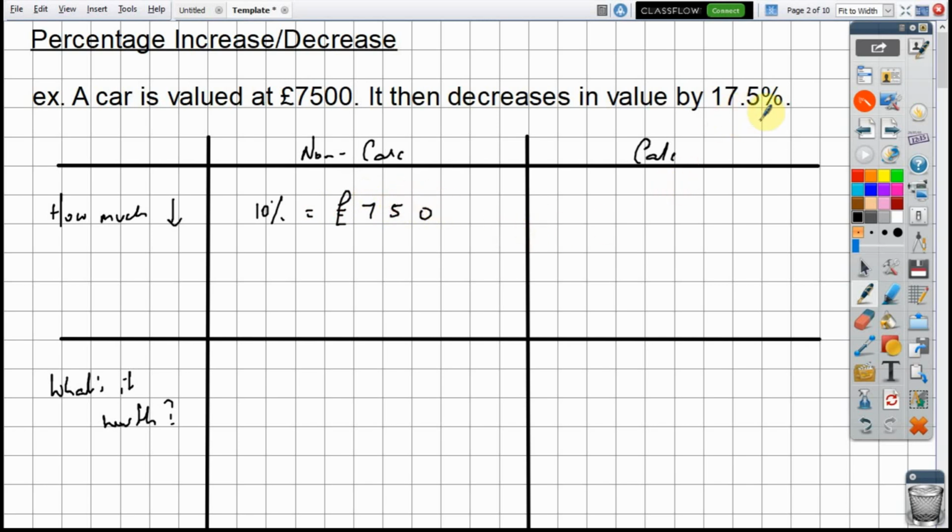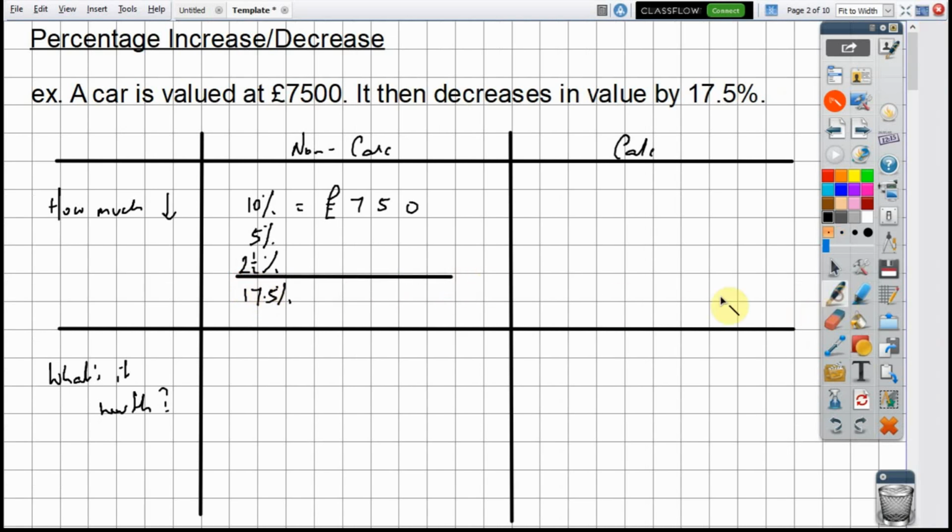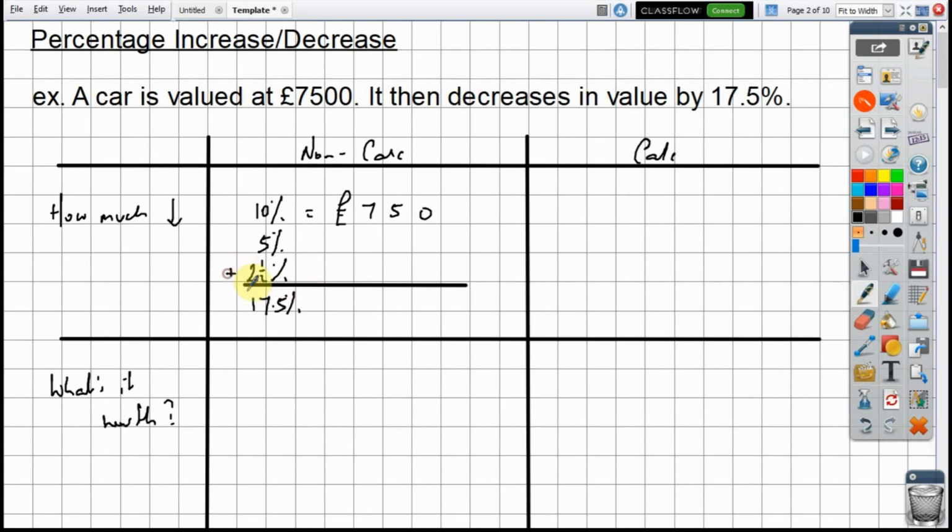This other 7.5% that we need to find, there's actually quite a clever way of doing it. If we work out 5% and then 2.5%, then this will total to 17.5%. Now, some people might say that 2.5% sounds very awkward, but it's only exactly half of the 5. So if I work out what 5% is, let's think about that. Half of 750.